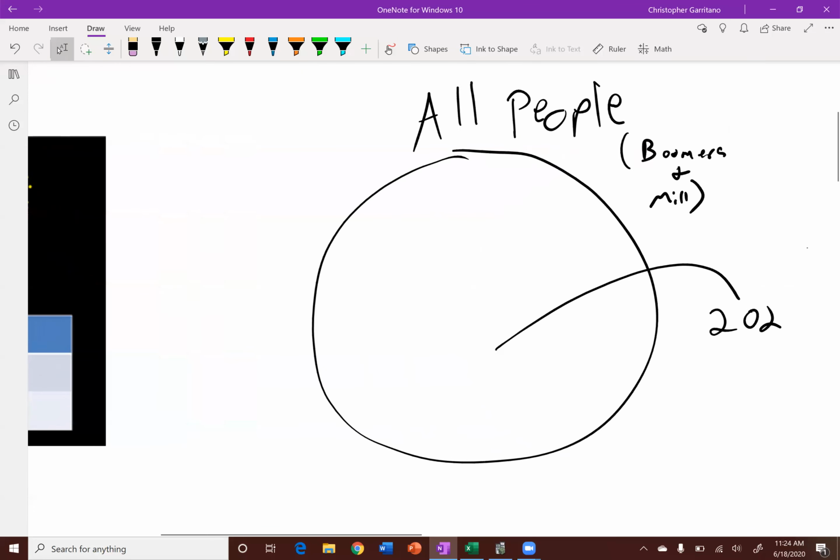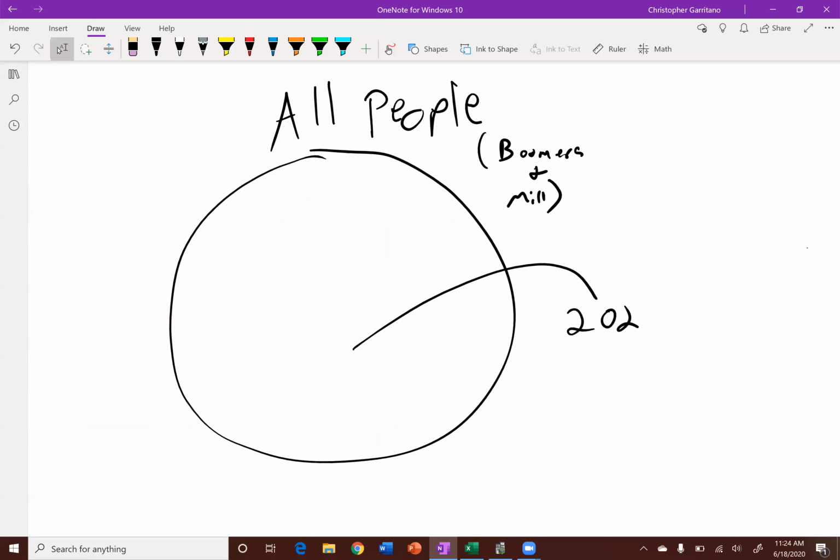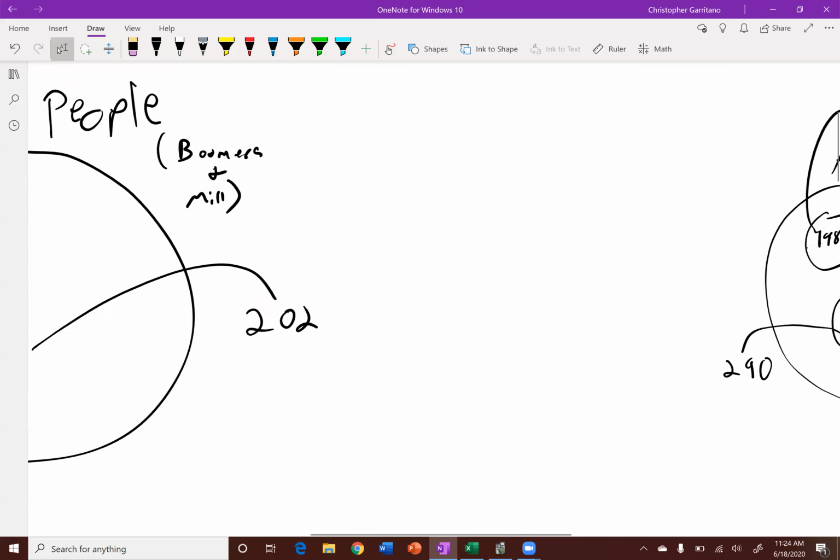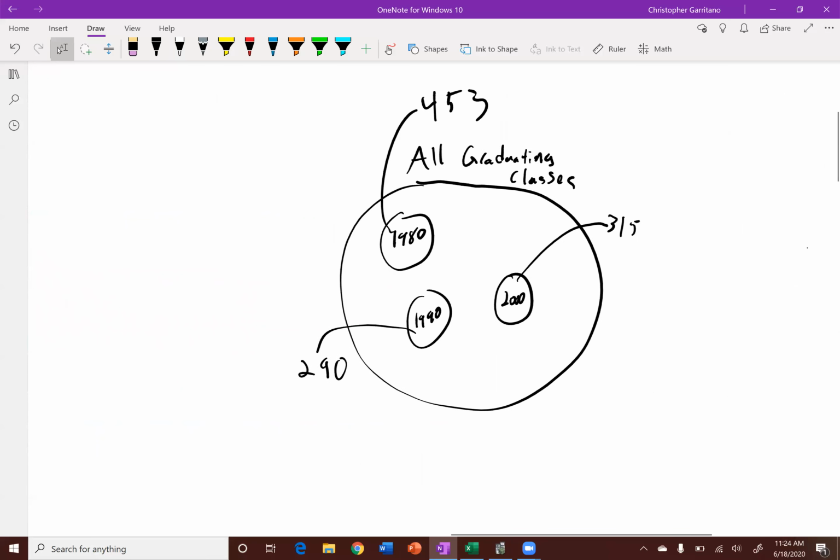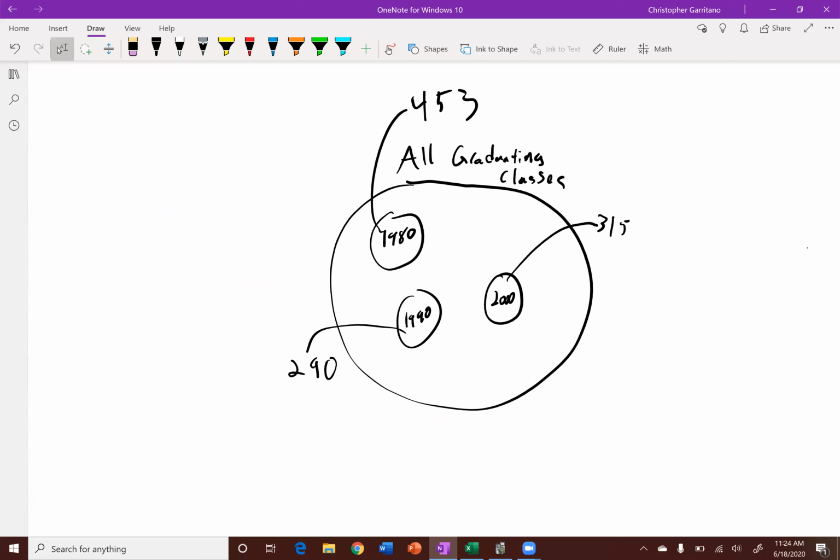Now, how is that different from how we collected data on the previous example? Well, remember, from the previous example, what we did was we took the population of all graduating classes and we identified 3 subsets of this population that we're interested in. And we dove into those subsets and we sampled from the subsets themselves. We didn't just simply sample from the entire population. So that's the major difference.